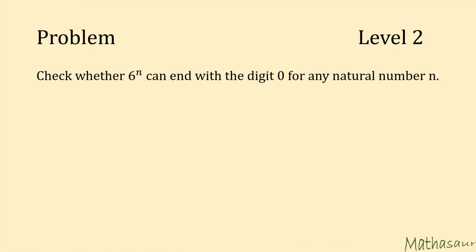Let us look at another problem. Check whether 6 to the power n can end with the digit 0 for any natural number n. We are looking at digit 0. Now the simplest number that has digit 0 at the end is 10. So if 6 to the power n ends in the digit 0, then it should be divisible by 10.